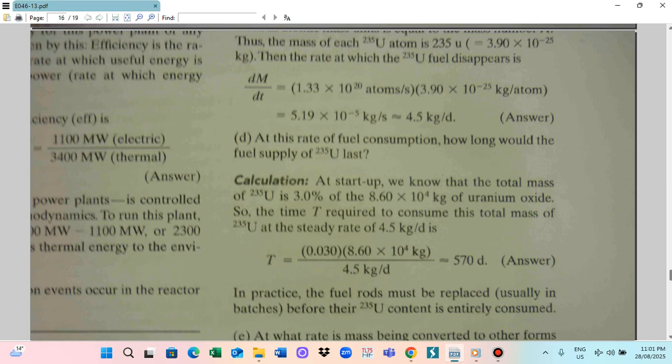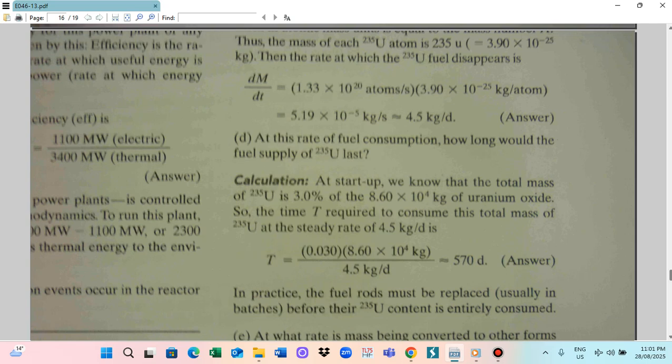So every day we consume 4.5 kilograms of this uranium, so that it can produce 1,100 megawatts of energy output from this generator. So this is the way we can calculate the nuclear fuel consumption.